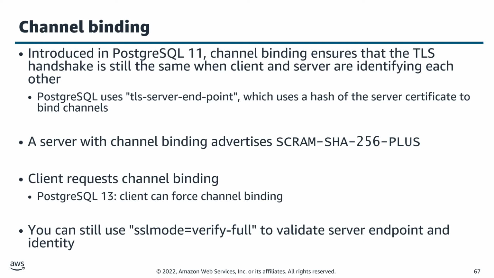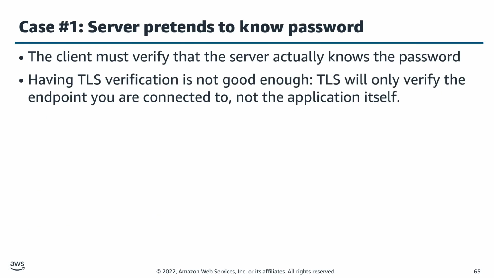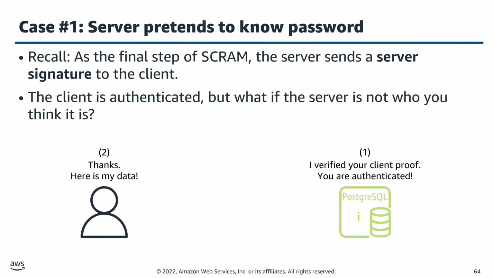And as a client, the Postgres client will specify if it wants to use channel binding or not. In my opinion, channel binding became very useful in Postgres 13, where the client can force channel binding. Up until then, there's the potential for a downgrade attack, where a client would just request channel binding, and a Postgres server could say, well, no, I don't support channel binding. Let's just use regular SCRAM, which then leaves you potentially vulnerable to the first attack that we talked about, which is I can just claim that I know your password, and you start sending me your data.